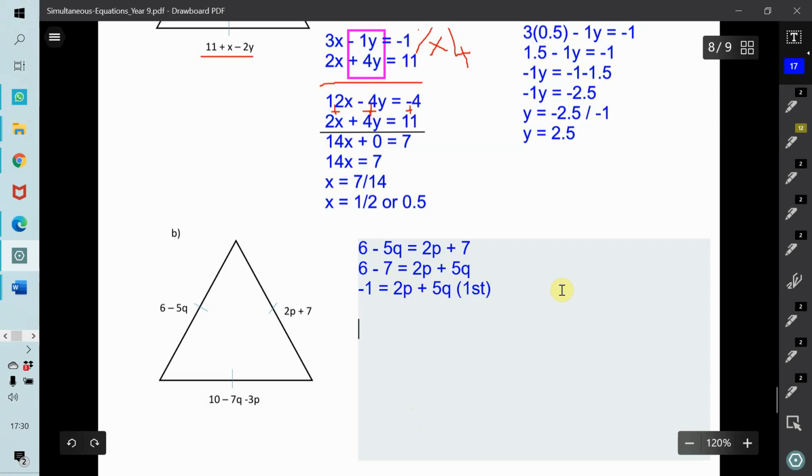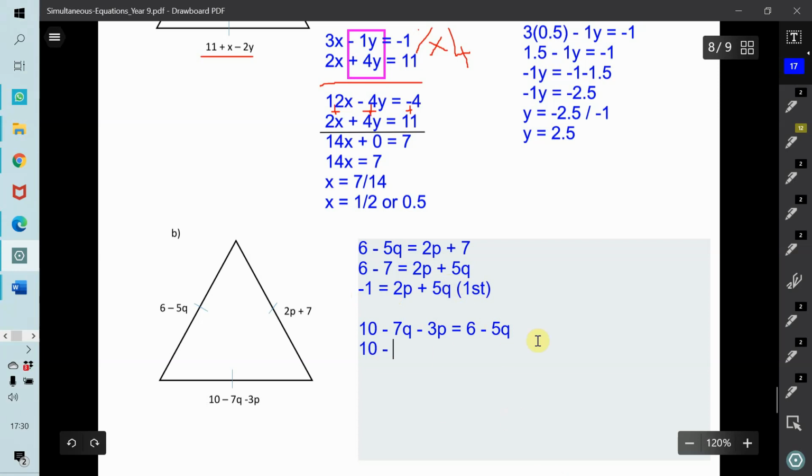Let me do my second equation. Let's say 10 minus 7q minus 3p equals 6 minus 5q. Collect like terms. Since I have the numbers here and the letters on the right hand side, let me do the same thing.